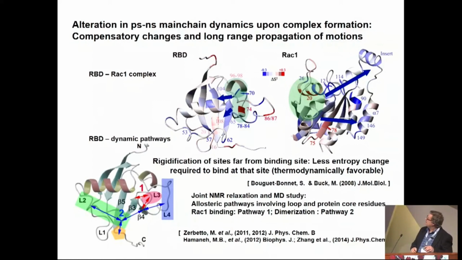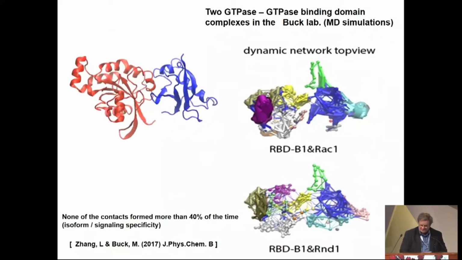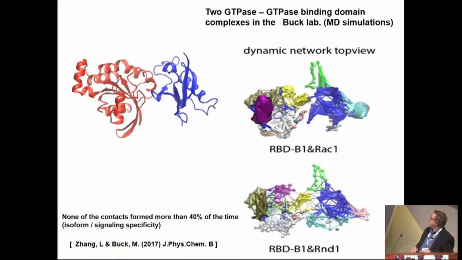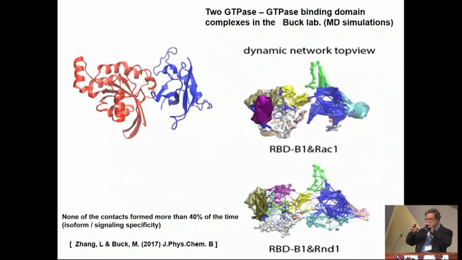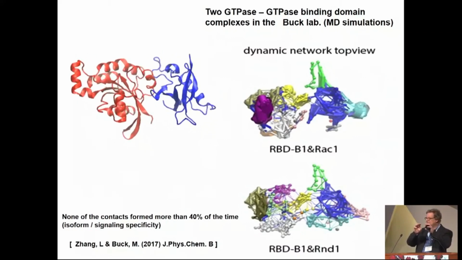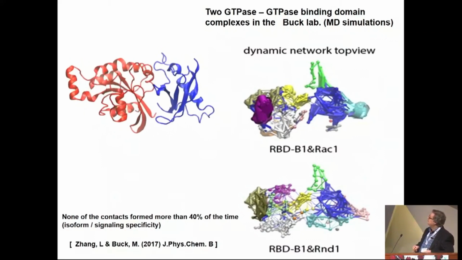In the RBD, we identified some pathways for the protein structure dynamically and allosterically, but I don't have time to go on to that, except I want to show a little part of a molecular dynamics movie here, which suggests that those two structures, rather than being stuck together firmly like you would infer from a crystal, are really wobbling around quite extensively.